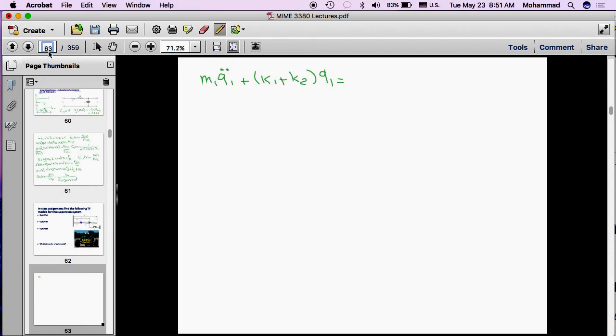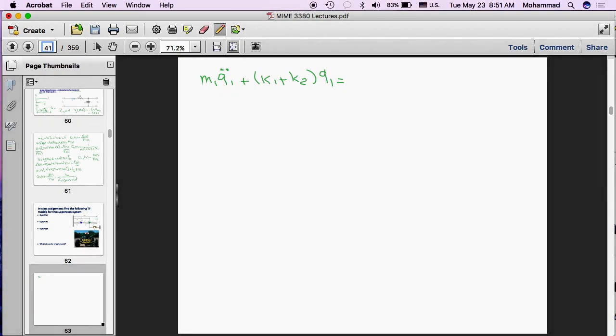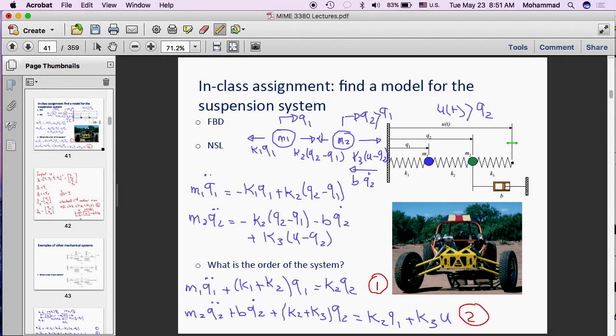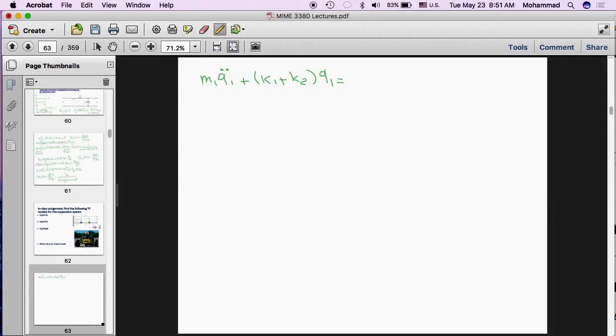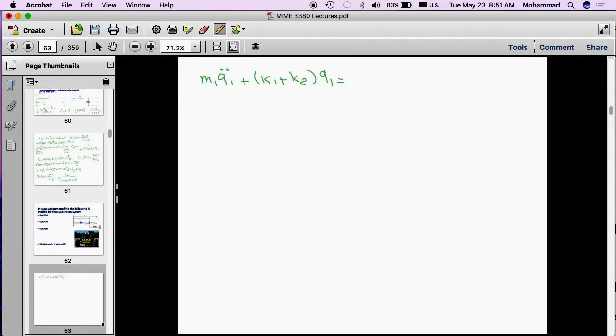Let's go back. It's equal to k2 q2. That was the first differential equation.